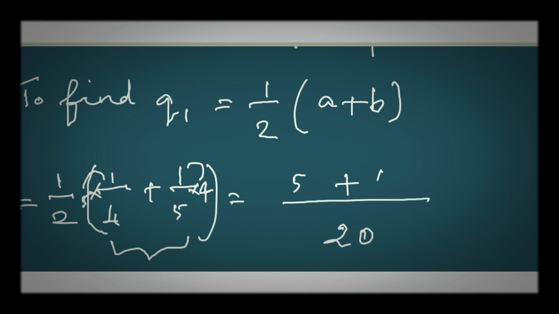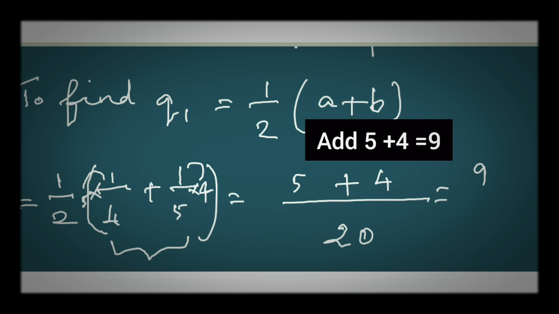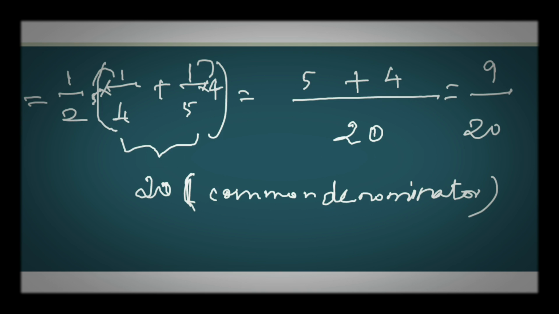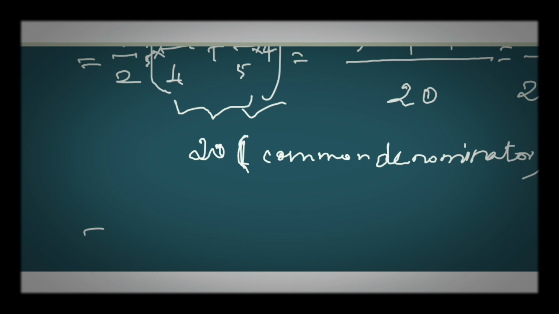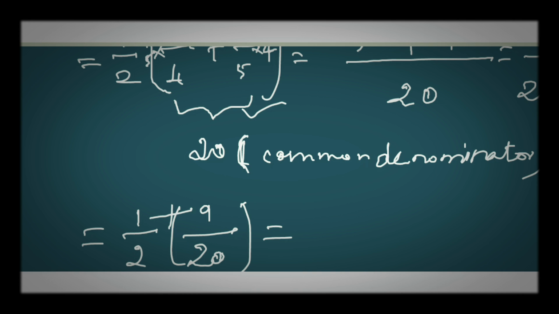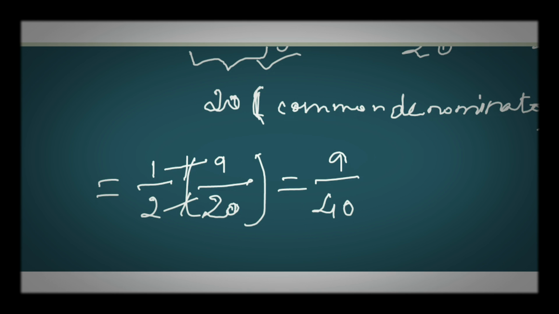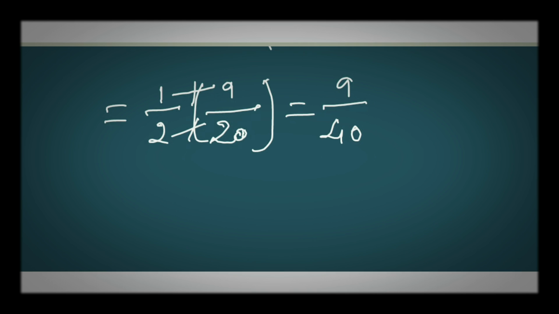Write it just below the fraction. So 20, and when you multiply 1 into 5 you will get 5, and 1 into 4 you will get 4. So 5 plus 4 is 9 by 20. Still more steps are there. 9 by 20 has to be multiplied with 1 by 2, which is outside the bracket. 1 into 9 is 9, 2 into 20 is 40.